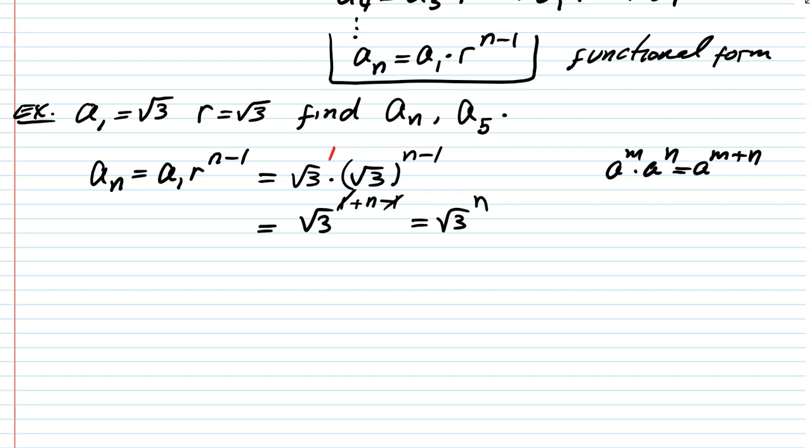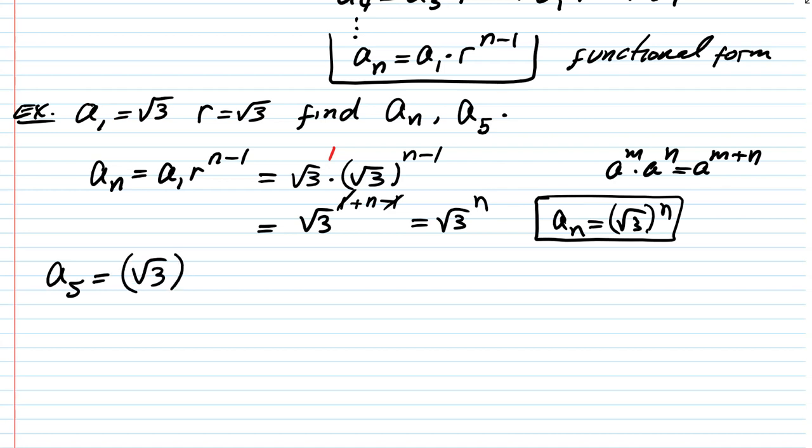And that's going to be the general term. That means I can produce any term I like. I can find the 5th term, 50th term, or 5,000th or 5 billionth term in the sequence. You just change n with your desired number. So I want to know what is a sub 5. I'm just going to plug in 5 for n here.